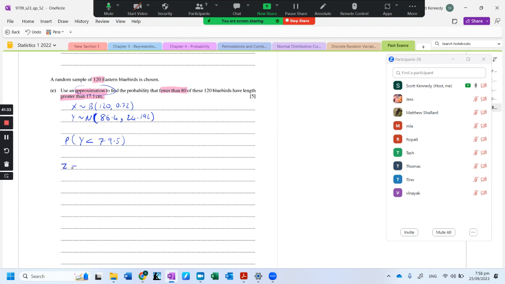So z equals 79.5, subtract the mean, which we found up here. That's our mean, 86.4, over our standard deviation. What am I going to put on the bottom here, Tino?